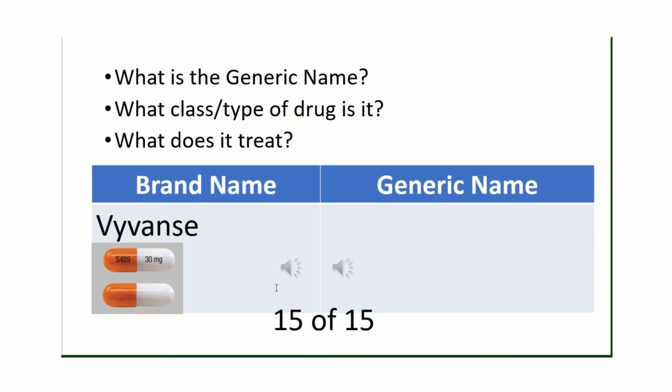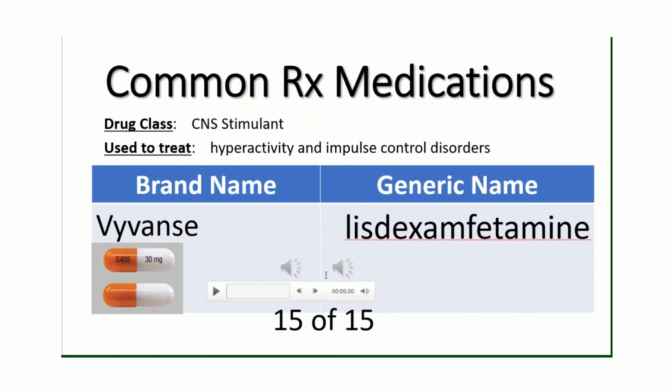What is the generic name for Vyvanse? What type of drug is Vyvanse? What does Vyvanse treat? The generic name for Vyvanse is lisdexamfetamine. Vyvanse and lisdexamfetamine are central nervous system stimulants.